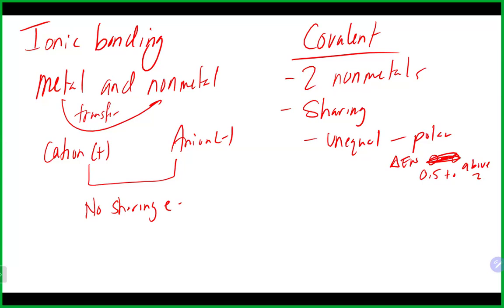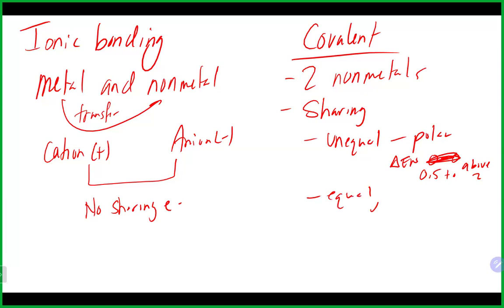That also creates a charge separation, where one side of the bond is more negative and the other side is more positive due to the unequal sharing of electrons. The side that is more electronegative will be more negative because the electrons are on that side of the bond more, and the other side will be partially positive.